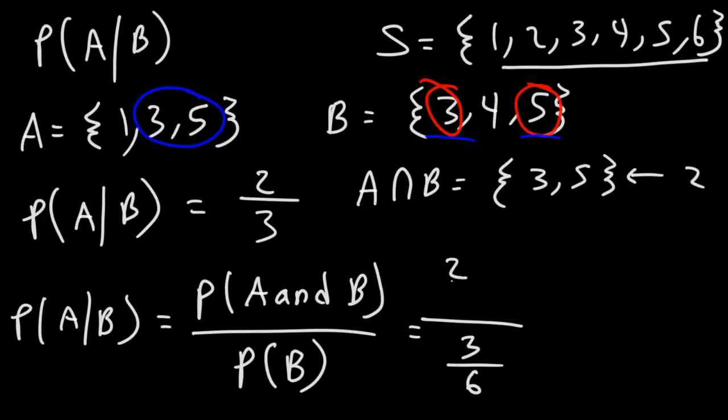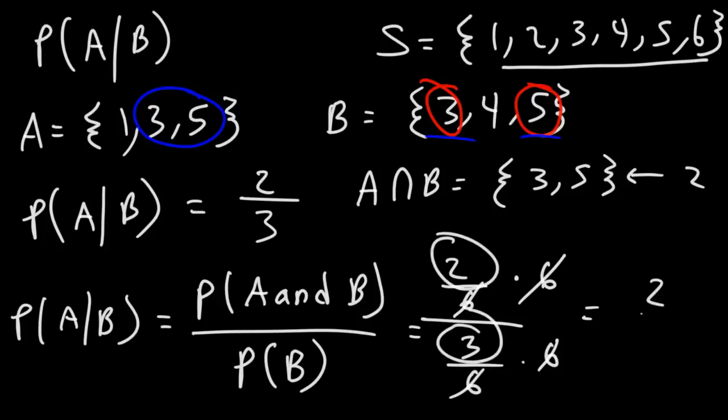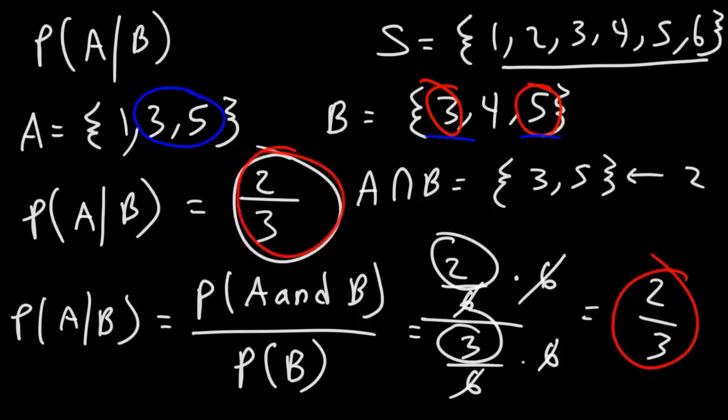So the probability of A and B occurring is 2/6. Now to simplify this complex fraction, let's multiply the top and bottom by 6 so that the 6s will cancel. And so we're left with 2/3, which is the same as what we see here. So that's a simple way in which you can calculate the conditional probability of an event occurring.